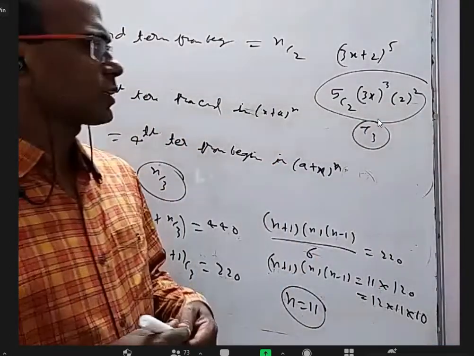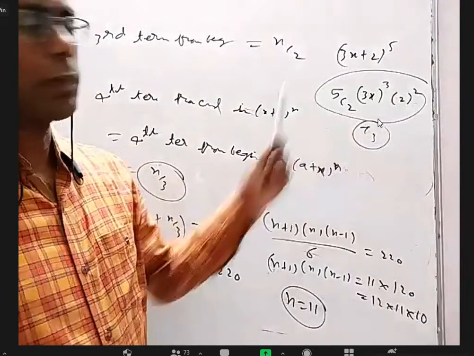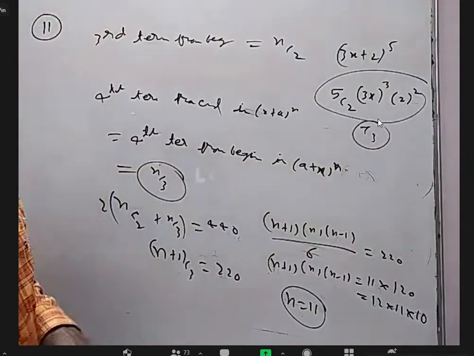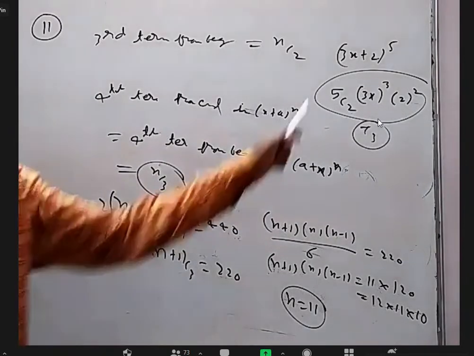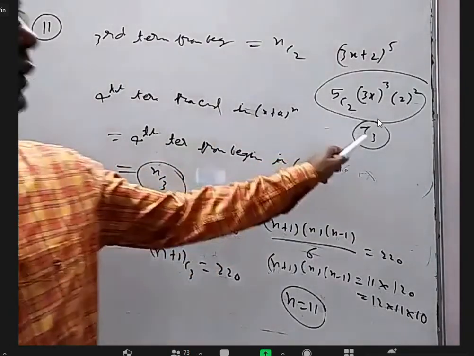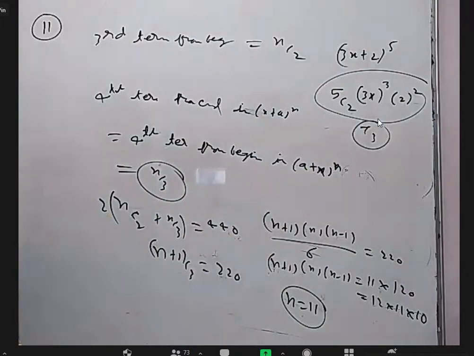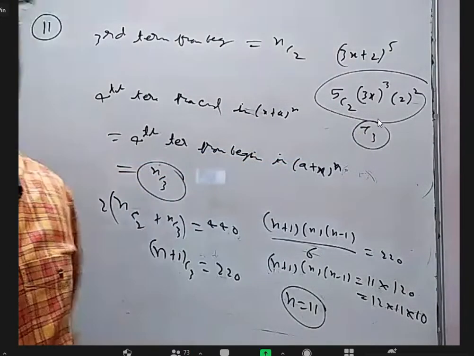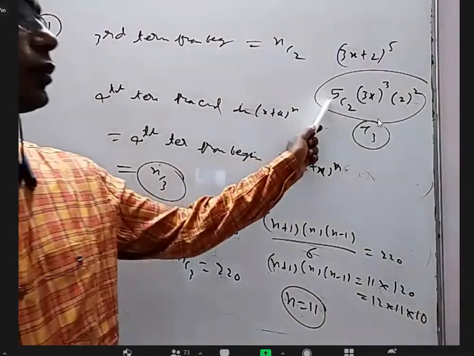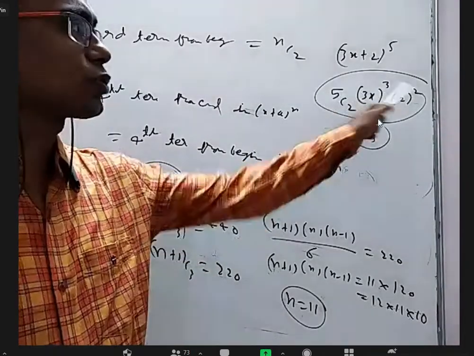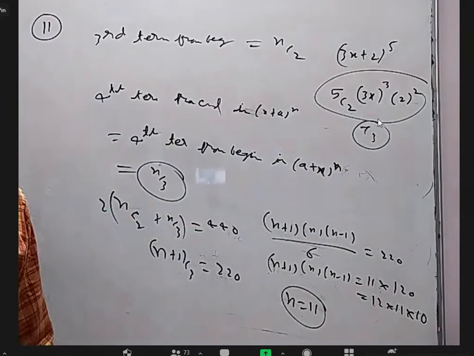If they want the third term, it is this whole thing. If they want the binomial coefficient, what is it in this? 5C2, only 5C2. If they want the coefficient of the third term, not the binomial coefficient, then 5C2 into 2 squared into 3 cubed, without the x, right?